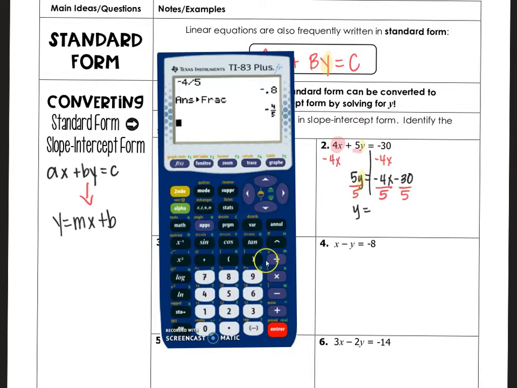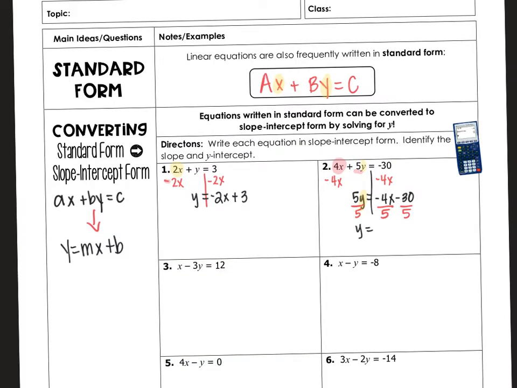And we get negative 4/5, and then we'll do negative 30 divided by 5, and we would get minus 6. All right, so we had negative 4/5 x minus 6, and this is our slope-intercept form.